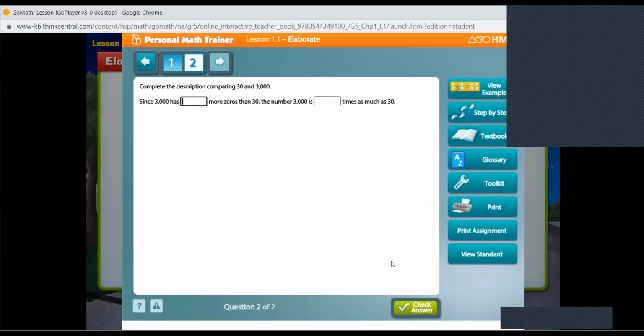Okay. We need to compare 30 and 3,000. Since 3,000 has how many more zeros than when you compare 30 and 3,000? How many zeros do you see more? Yes, Tina? When you see 30 and 3,000, how many zeros do you see here more than 30?